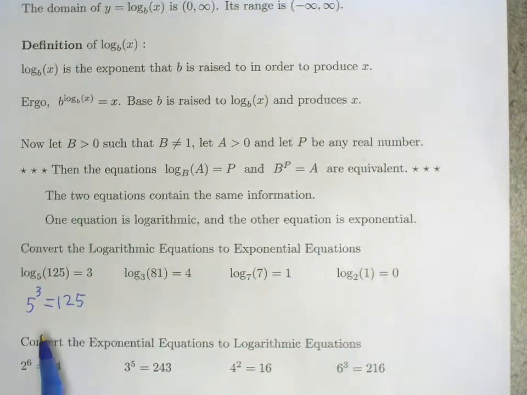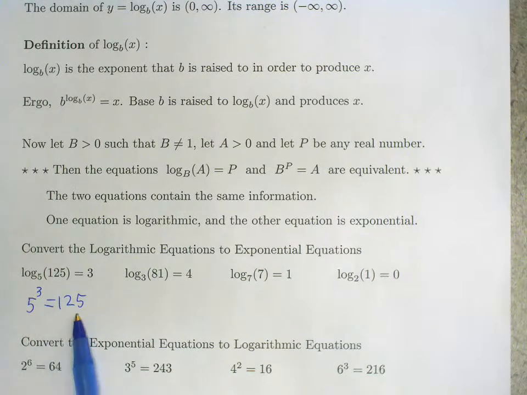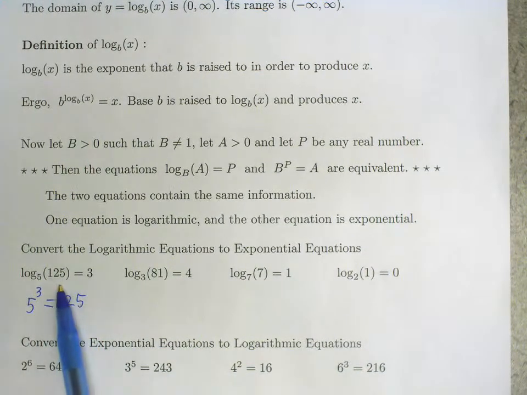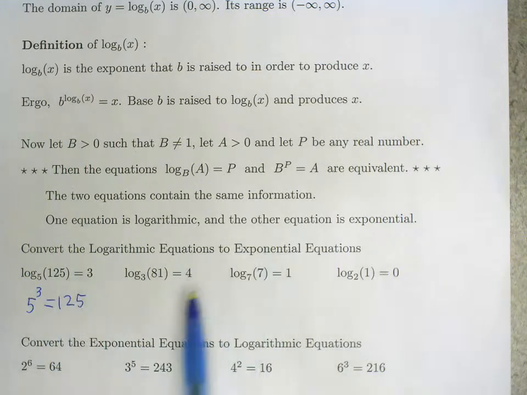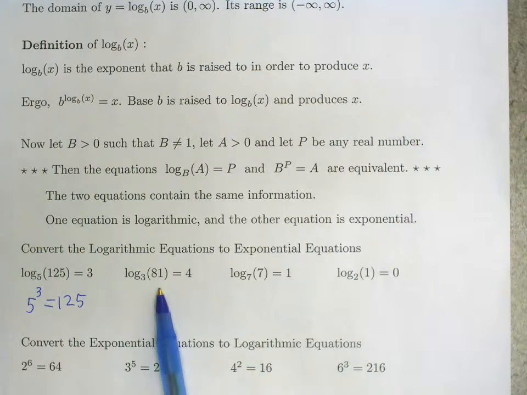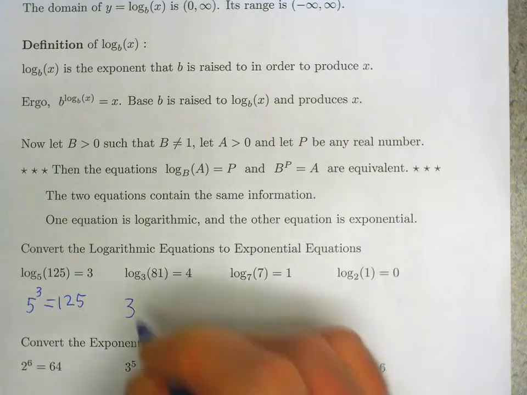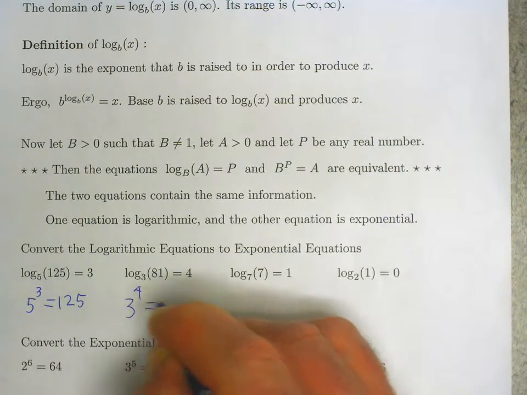And you'll no doubt agree that 5 to the third equals 125 is true. The logarithmic equation that it came from is equally true. Log base 3 of 81 equals 4. Convert that to an exponential equation. The base number 3 raised to the exponent 4 equals 81.